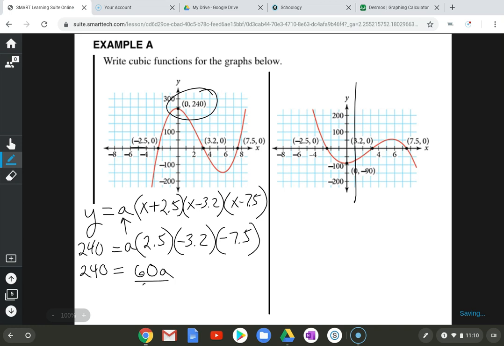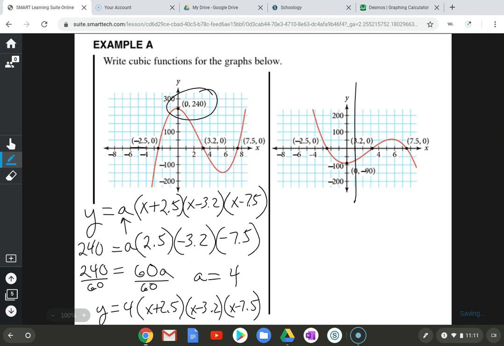So if I divide by 60, I get a equals 4. So then my final answer is y equals 4 times x plus 2.5 times x minus 3.2 times x minus 7.5. Let's do another one.